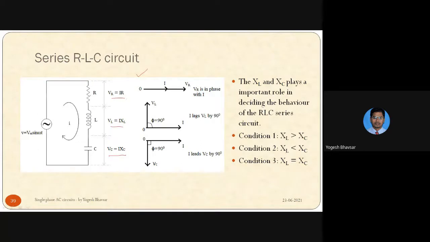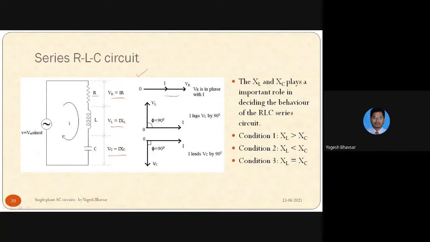For a purely resistive circuit, we know that the voltage and current are in phase. So on a single line, we can show the current and voltage. As the voltage is greater than current, we denote VR by the extended length and the current by a short length.